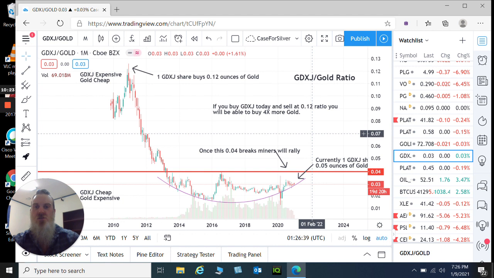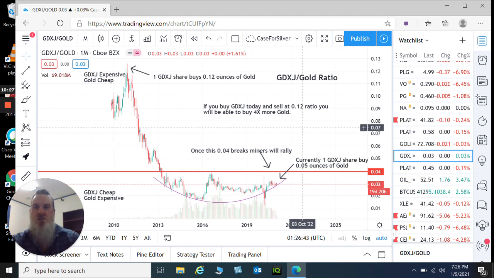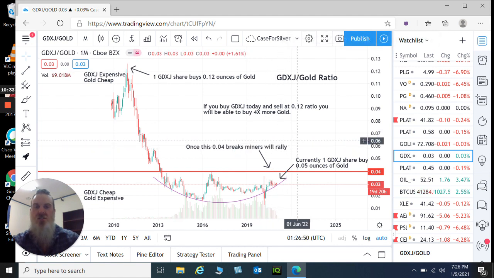Now, the miners. GDXJ, these ETFs, may not have all the real juniors, where you can get some crazy moves, but just GDXJ, for me, minimizes the risk. We've got this nice bottoming formation here, this horizontal trend line.